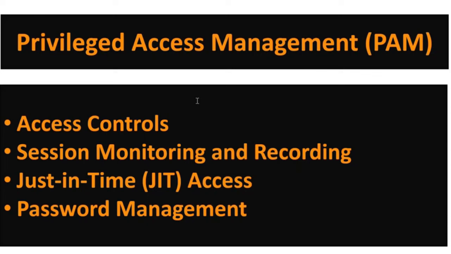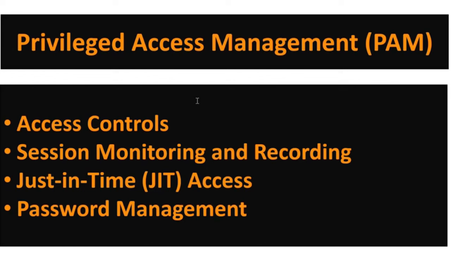When somebody needs access, they request just-in-time access, provide their justification, and state how long they want the access for. The PAM system verifies their identity through multi-factor authentication and grants access only for the time needed to complete the task. Once their work is done, their access is automatically revoked.